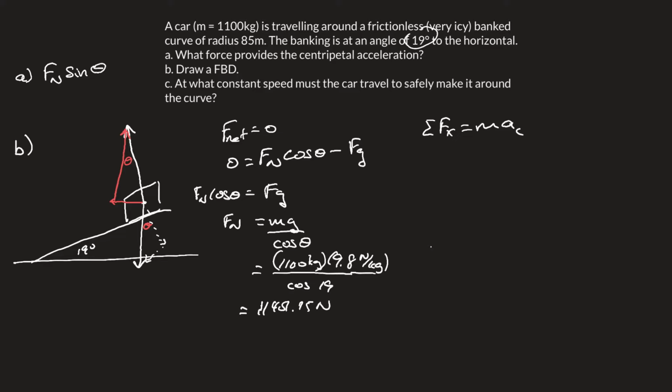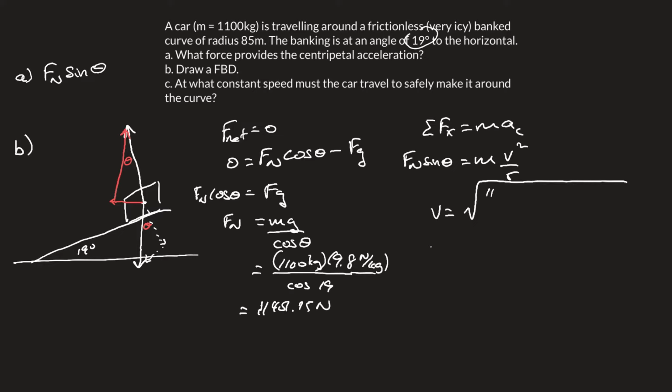We can sub in the only x force that we're going to deal with, which is your Fn sine theta. And instead of m a_c, we have m, a_c is v squared over r. We can do a little bit of algebra to rearrange this to solve for our v.